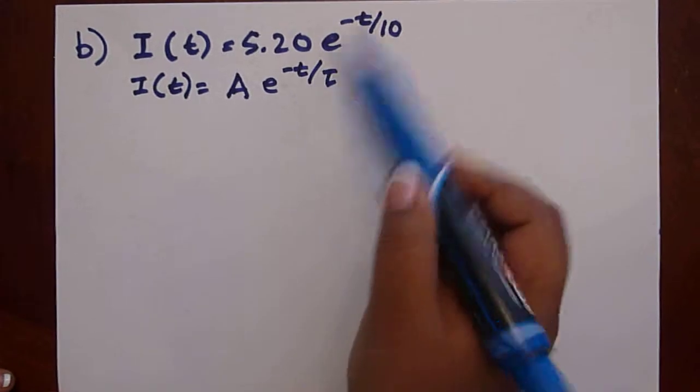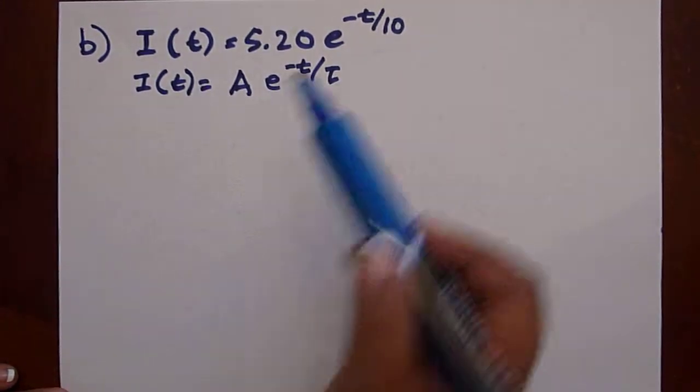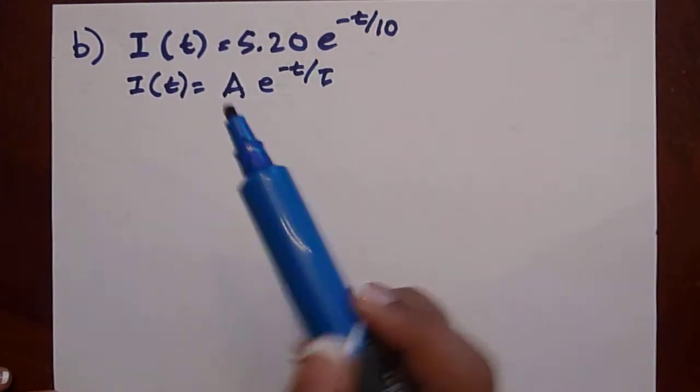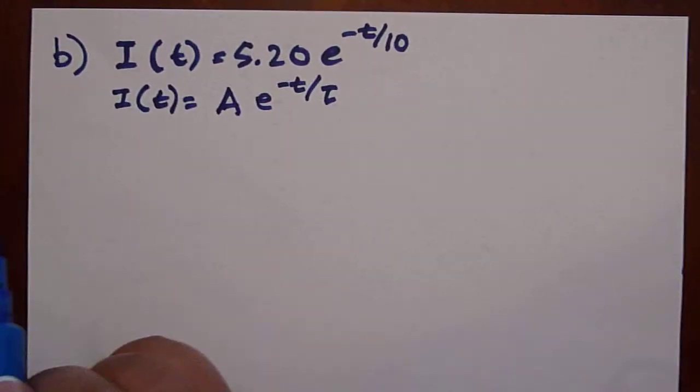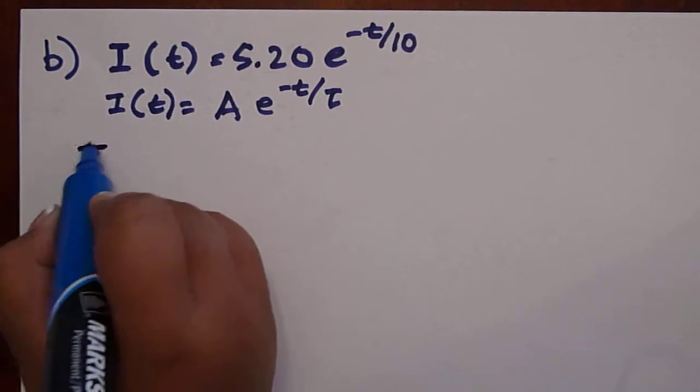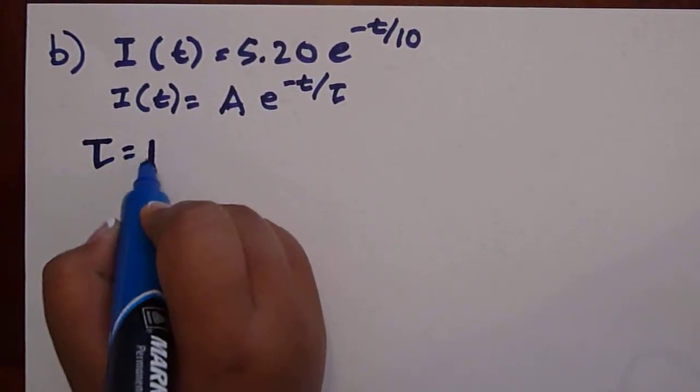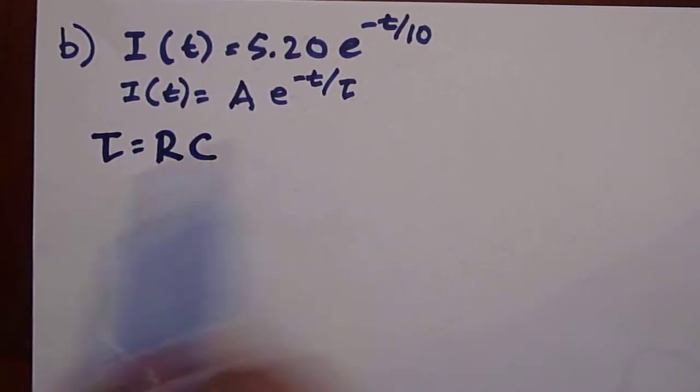So we can find the correlation between these two: tau in this case is equal to 10 and A is equal to 5.2. But our interest here is tau. An important equation to remember for RC circuits is tau equals RC. Tau is the time constant.